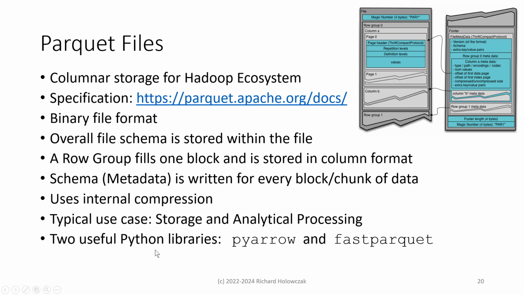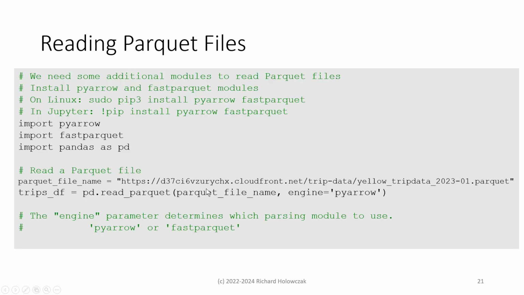There are two useful Python libraries that we can work with, PyArrow and FastParquet. PyArrow is the pure Python implementation, FastParquet is the C++ implementation. So to use PyArrow, we're just going to import PyArrow, we're going to import pandas, and we can basically grab any Parquet file.